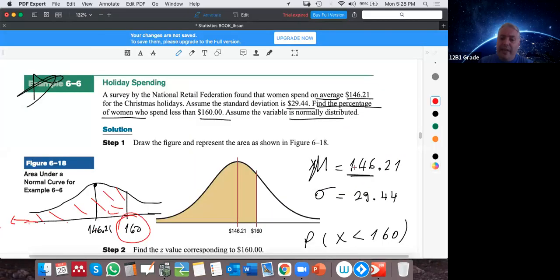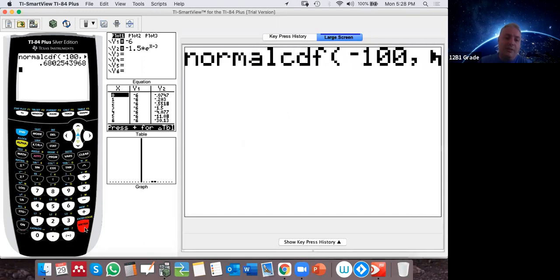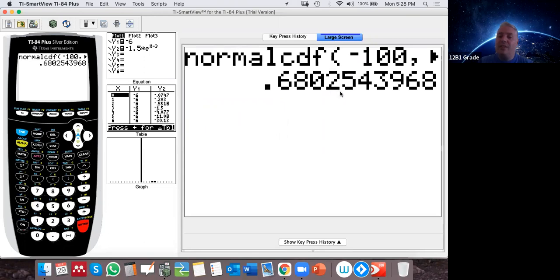Now mu is 146.21, and standard deviation 29.44, and then the result comes out 0.68025.